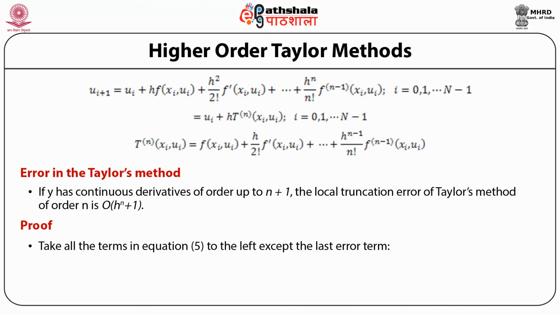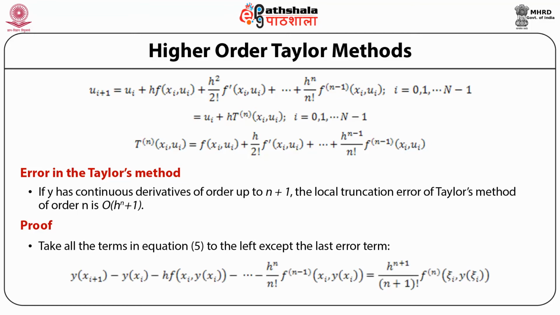So we can write y(x_{i+1}) minus y(x_i) minus h f(x_i, y(x_i)) minus and so on till h to the power n by n factorial f^(n-1)(x_i, y(x_i)), which equals h to the power n plus 1 divided by n plus 1 factorial f^(n)(ξ_i, y(ξ_i)).